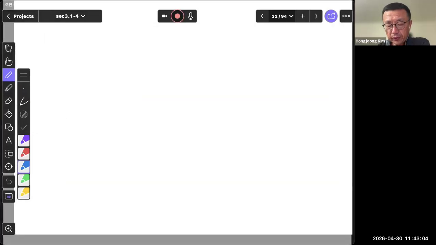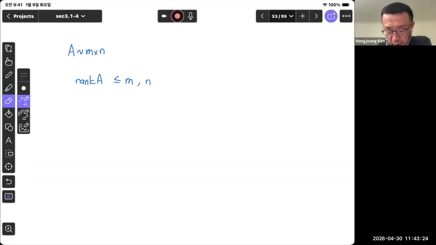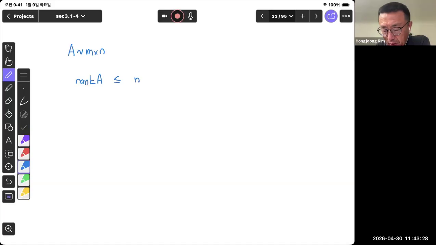Before I go to the next part, given some m by n matrix, the rank of A cannot be greater than the number of rows and columns, right? So what I can tell you is the rank cannot be greater than the minimum of m and n.